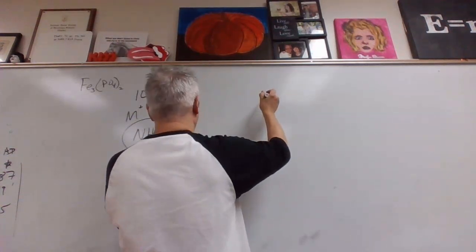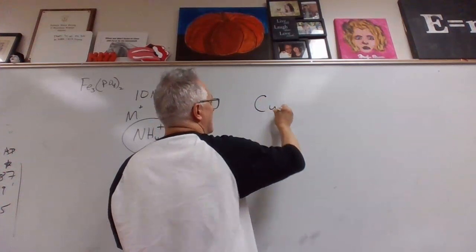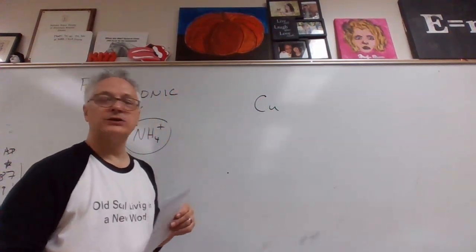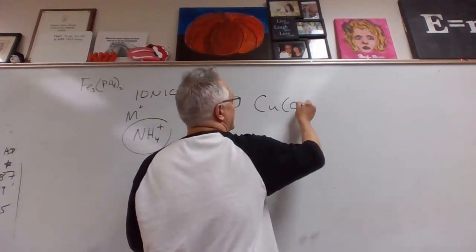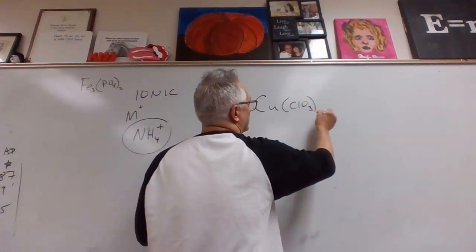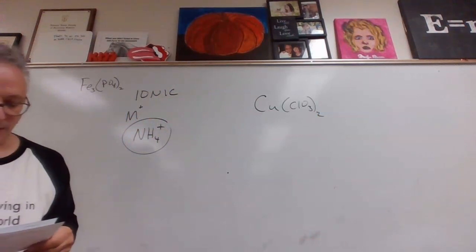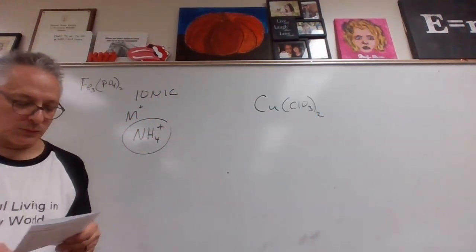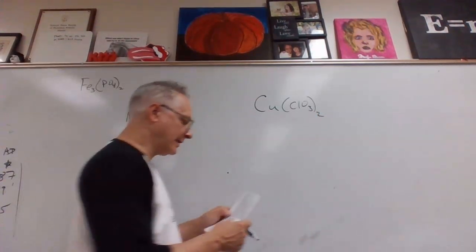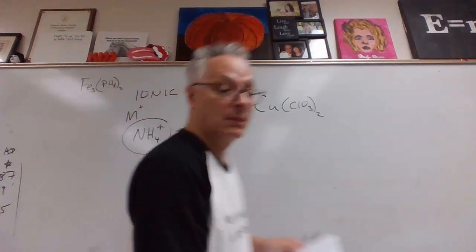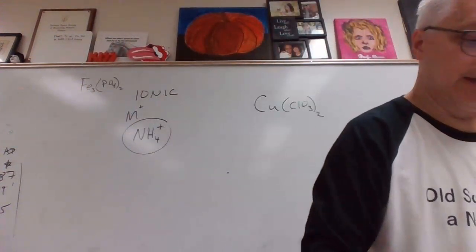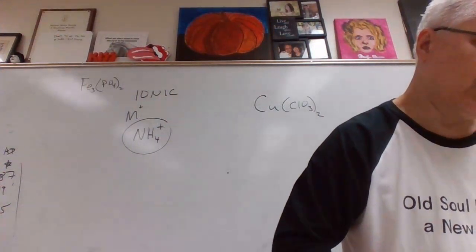Let's look at copper 2 chlorate. Copper's +2, chlorate's -1, ClO3. So I need 2 of those. Cobalt 3 chromate. I have to double check, I don't look at chromate too often.